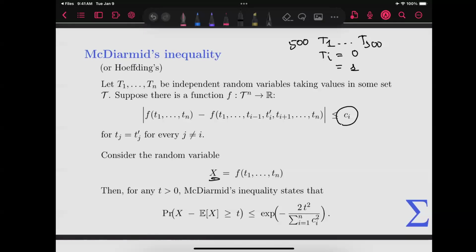So our X is going to be f of T1 to Tn, for which we want to find the number of correct answers that we got. So f here is going to be T1 plus T2 plus up to T500. This f is not just about the sum. You can do anything else, even T1 multiplied by T2, and it still applies.